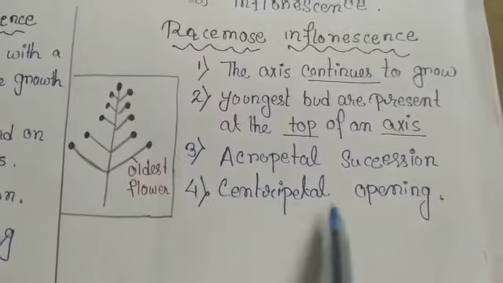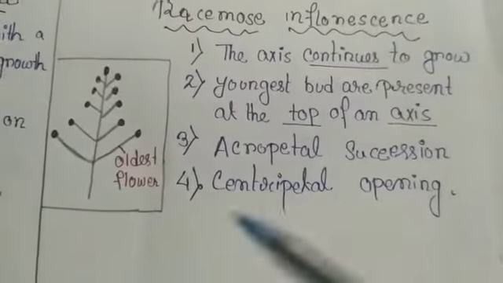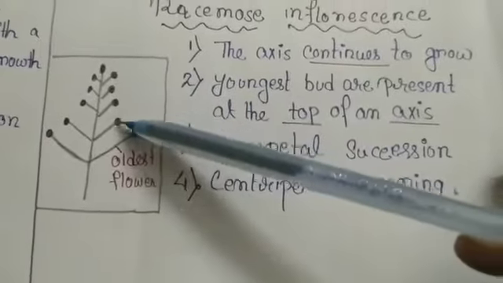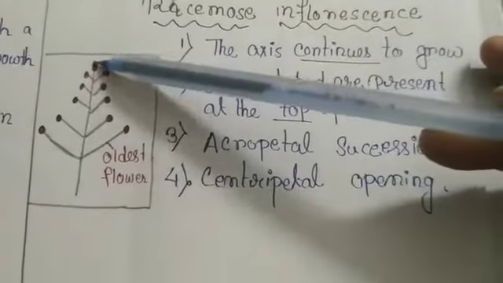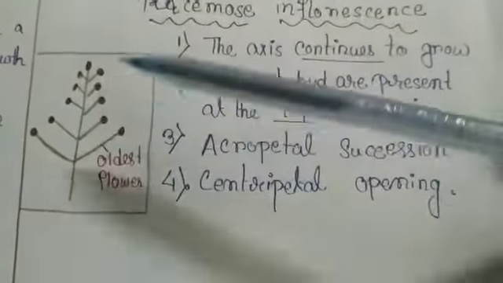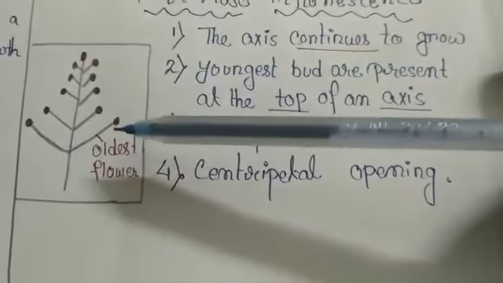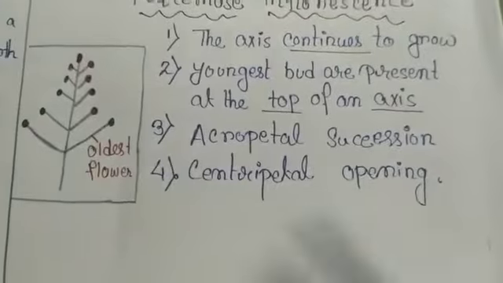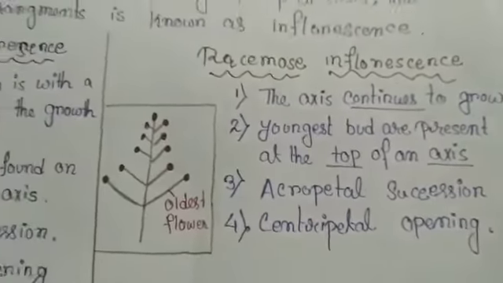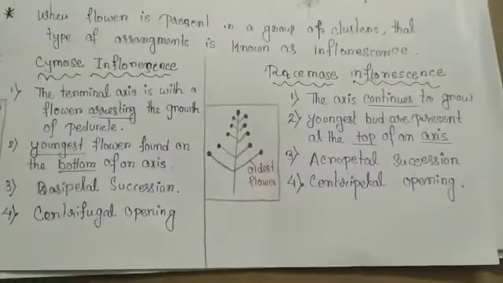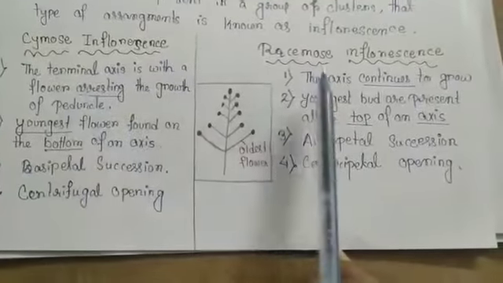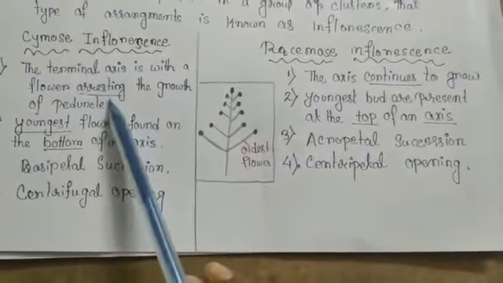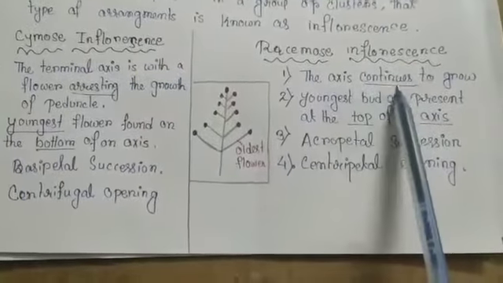Last is centripetal opening. In this type you will find first the oldest or bigger flower, then the smaller, then at the tip the younger one. It looks like the flowers are moving from the periphery to the center. This type of opening is called centripetal opening. Now let's understand the difference between cymose and racemose. First, in cymose the growth is arrested, and in racemose the growth is continuous.